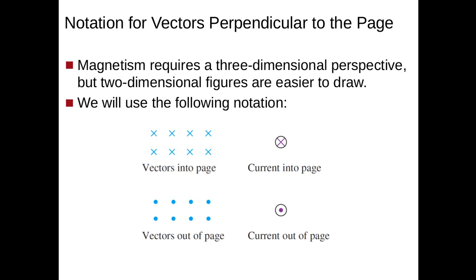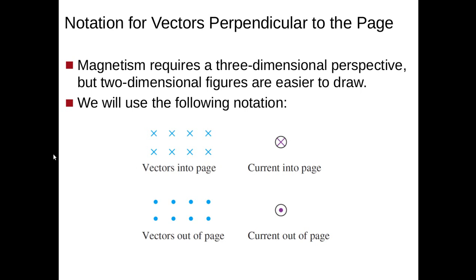But we have to deal with 3 dimensions when dealing with magnetism. Our notation, because I'm not very good at drawing a 3D Cartesian space, an XYZ plane, is to deal with 3D on a 2D plane.